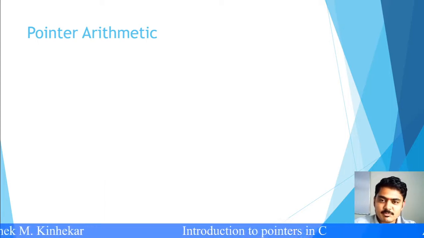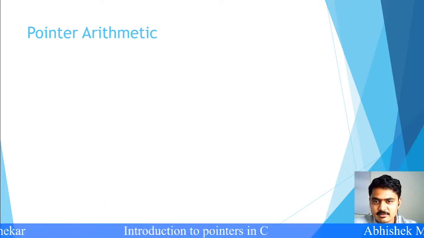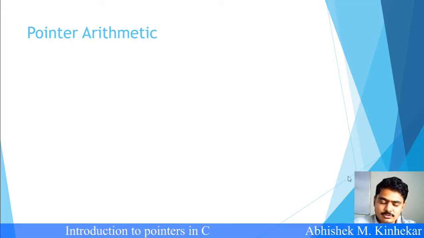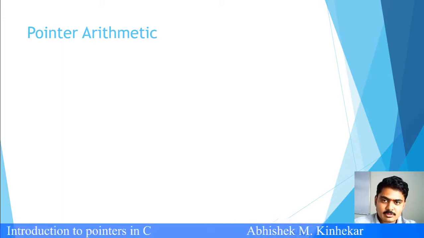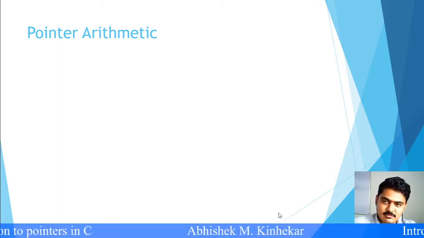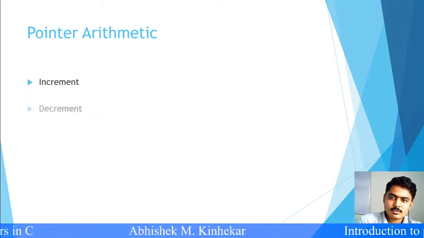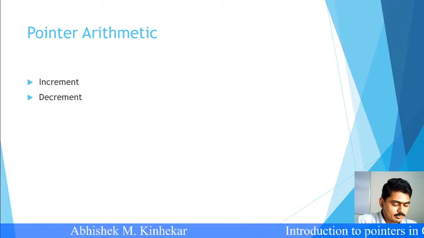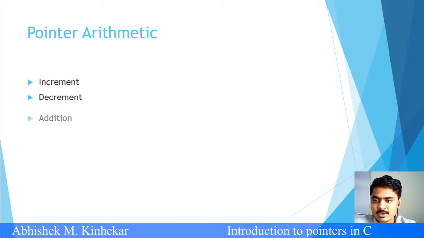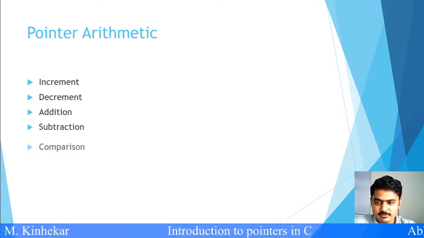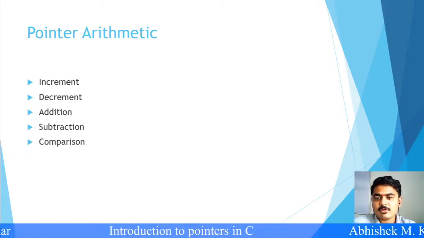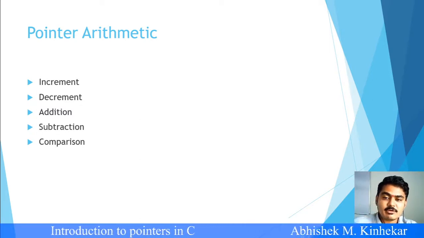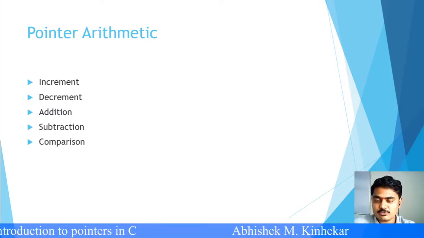Now, which are the permissible operations? You can add a constant value to a pointer, you can subtract a constant value from a pointer, you can increment your pointer, you can decrement your pointer, and you can compare your pointer values. Apart from them, all other arithmetic operations performed on pointers are illegal.